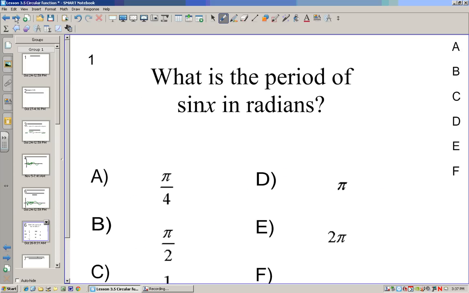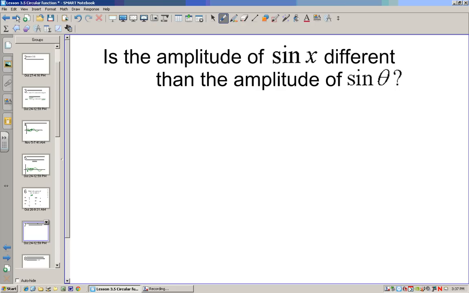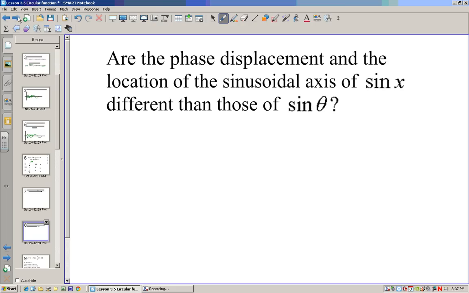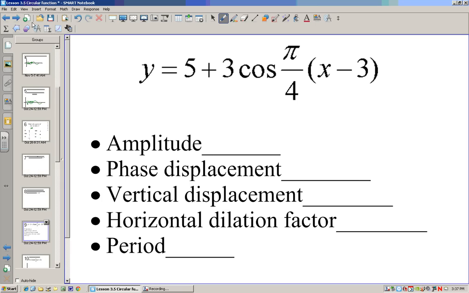Now the period of sine of x is 2 pi, just like the period of sine of theta is 360, and 2 pi is equal to 360 degrees. The amplitude of sine is the same, as is the phase displacement. So the only thing that changes is the x-axis and what we label.